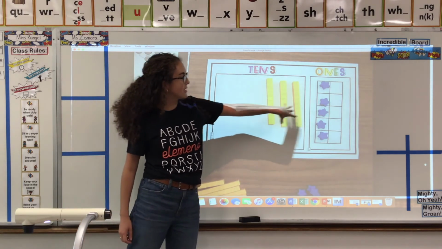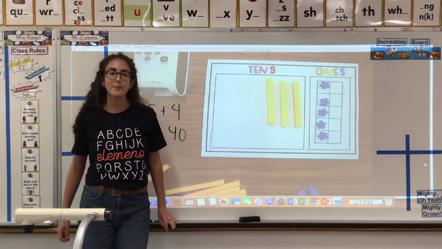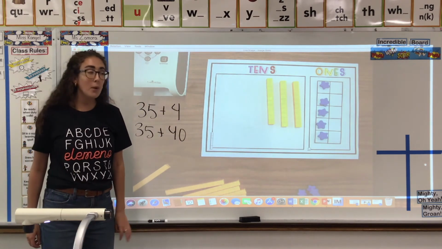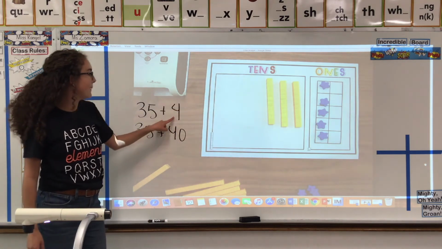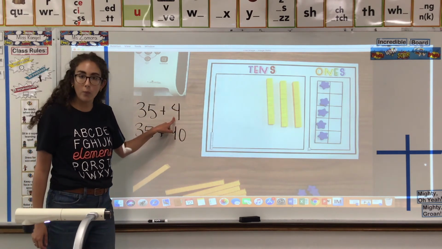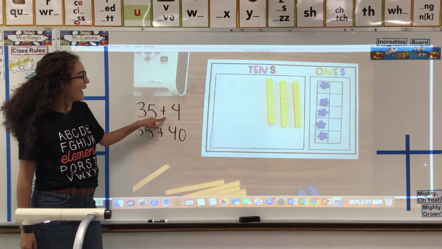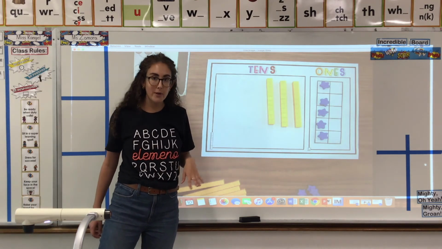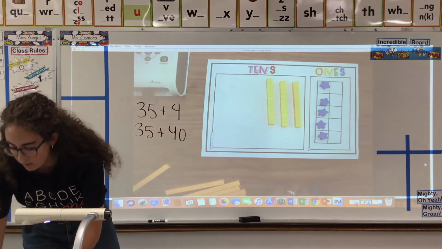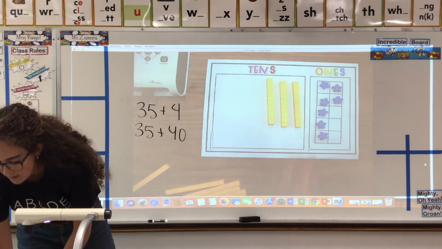Are we going to change our tens or our ones? We're going to change our ones because 4 is just 4 ones. So let's go ahead and add 4 to the 5 we already have. Here we go. 1, 2, 3, 4.